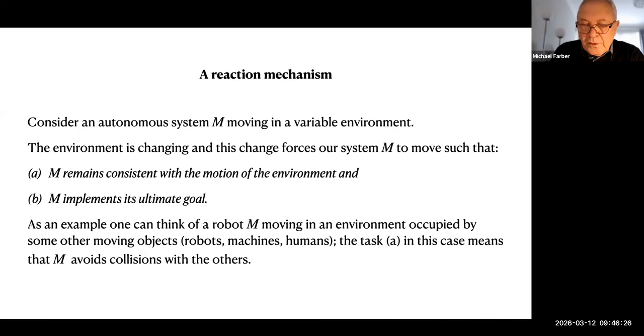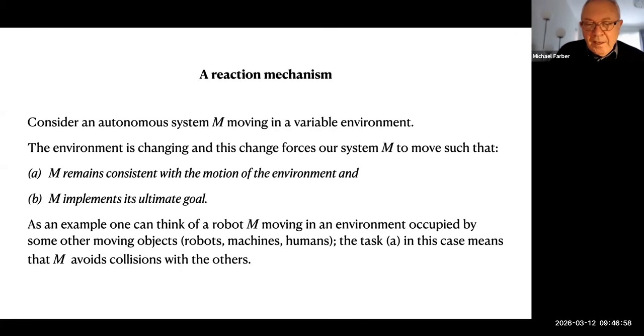Okay, so in order to make this work, we need what we call a reaction mechanism. A reaction mechanism is a kind of way of feedback or reaction to changes of the environment, such that it will guide the vehicle or the system, the robot.